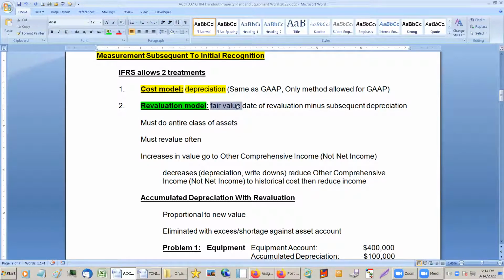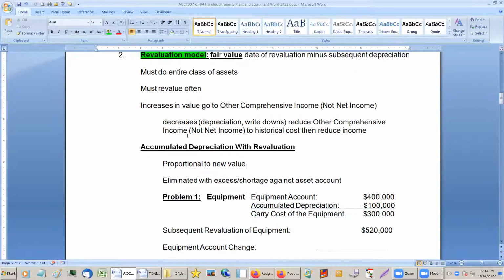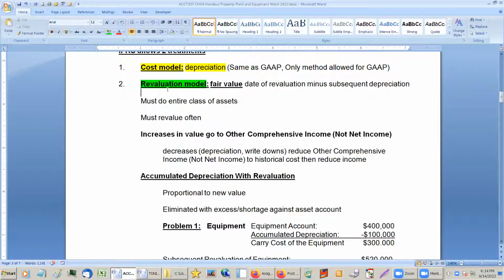So this is not the cost, this is the fair value of it. I have a couple other rules here. Increases in value go to other comprehensive income, which we just talked about. But I want to talk to you about why they have this, the revaluation.